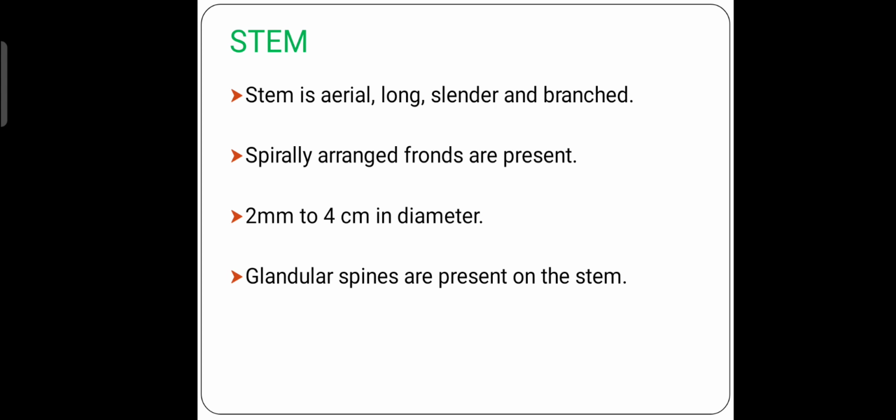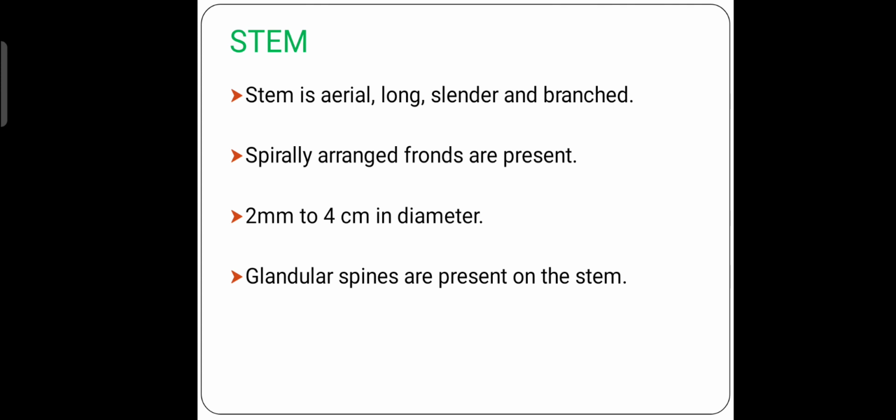First of all, we will see how the stem of this fossil plant was. Stem is aerial, long, slender and branched. Stem has spirally arranged fronds. Fronds here denotes the term used for leaves.